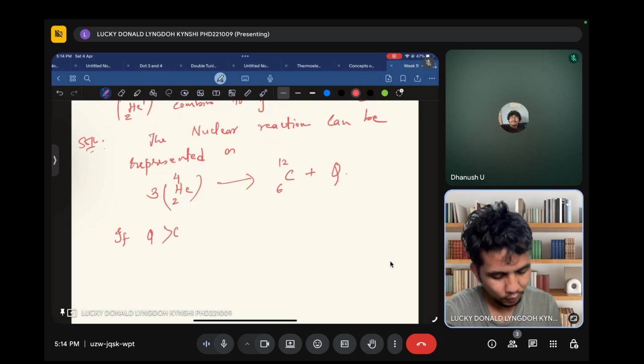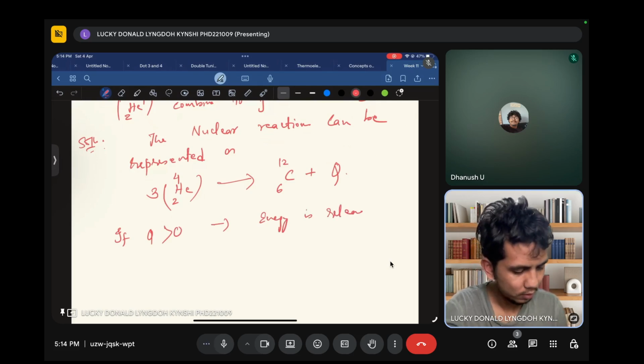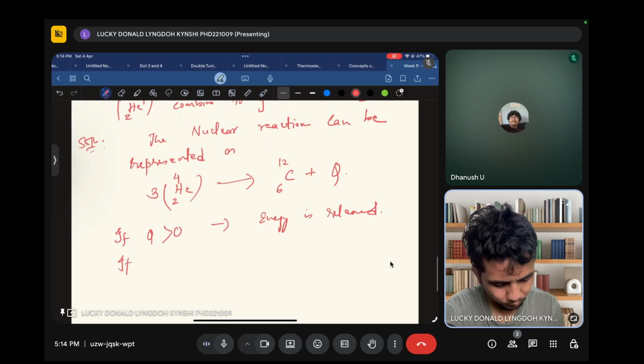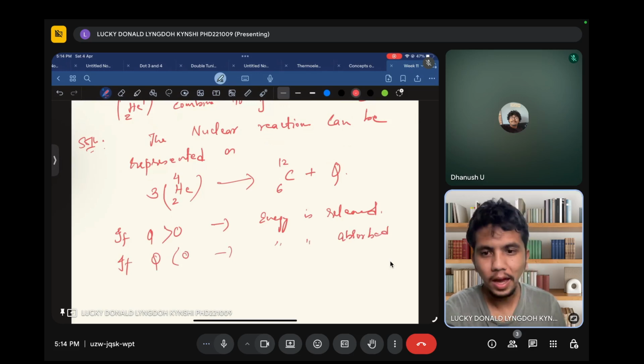If Q is greater than 0, that means energy is released during the process. If Q is less than 0, then energy is absorbed. And this Q is called the Q value of the reaction.